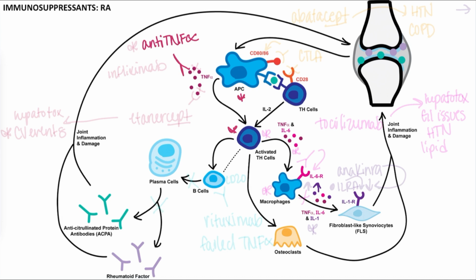One example of an anti-TNF-alpha monoclonal antibody would be infliximab, which is Remicade, or for instance, adalimumab, which is Humira, and there are several others.